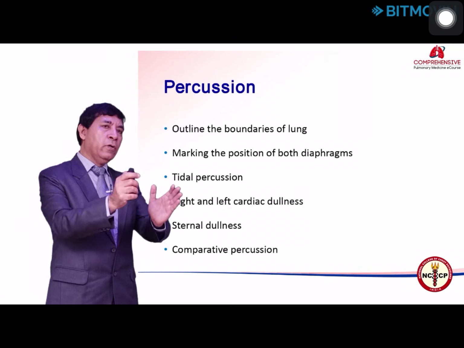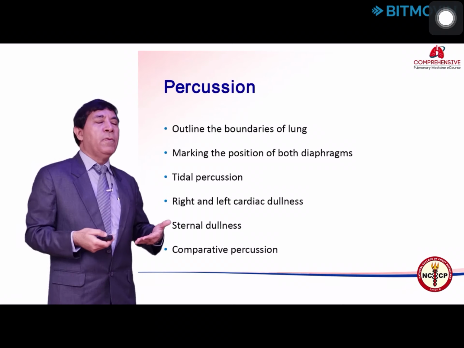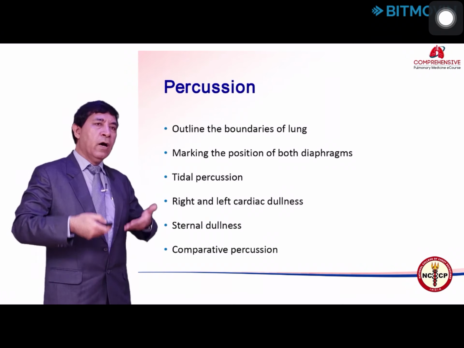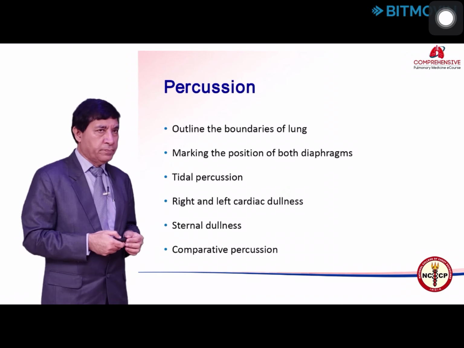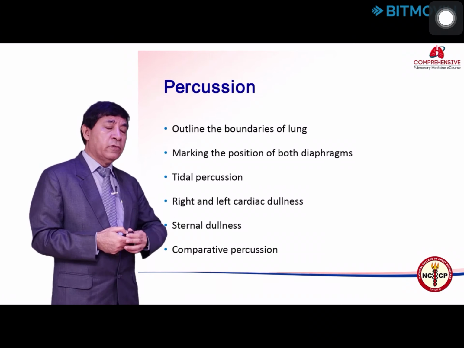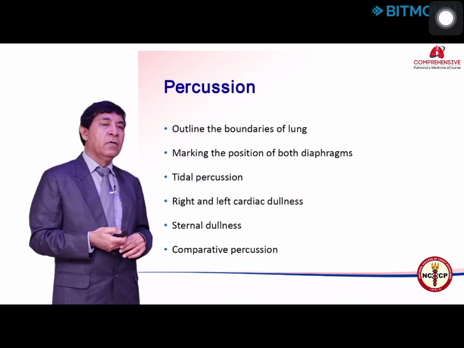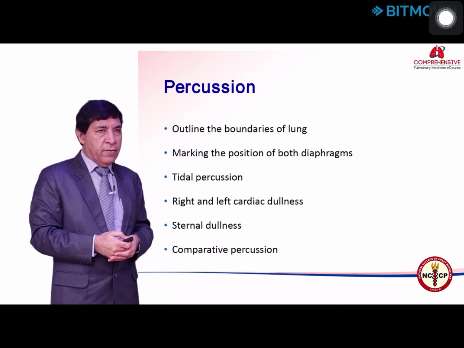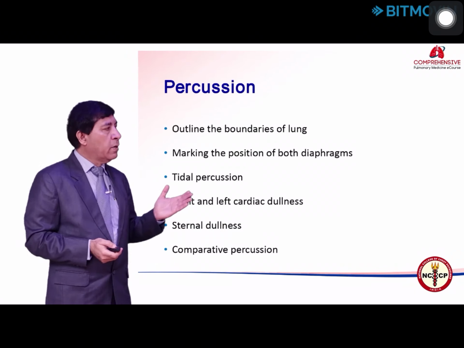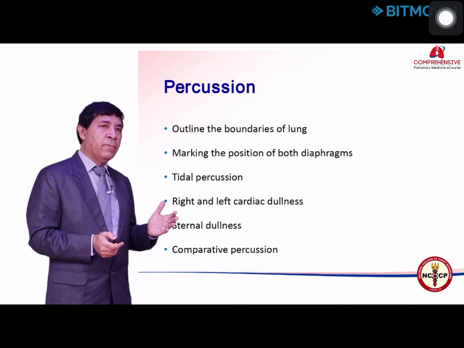So, not only do you try to see whether the diaphragms are normally placed, but you should also look for the movement of the diaphragm, and you should do that by tidal percussion. So, if you are able to demonstrate the position of the diaphragm and the tidal percussion, then there is no disease around the diaphragm.